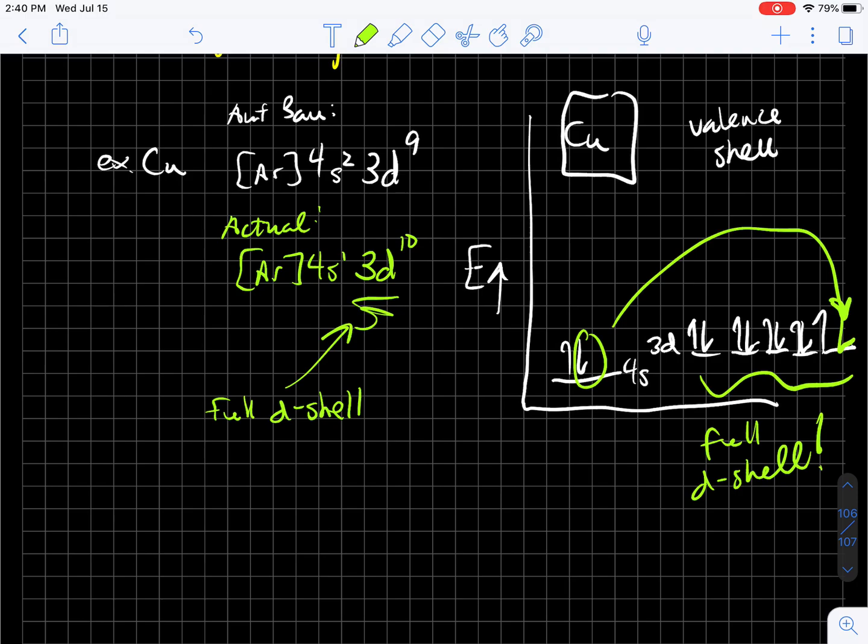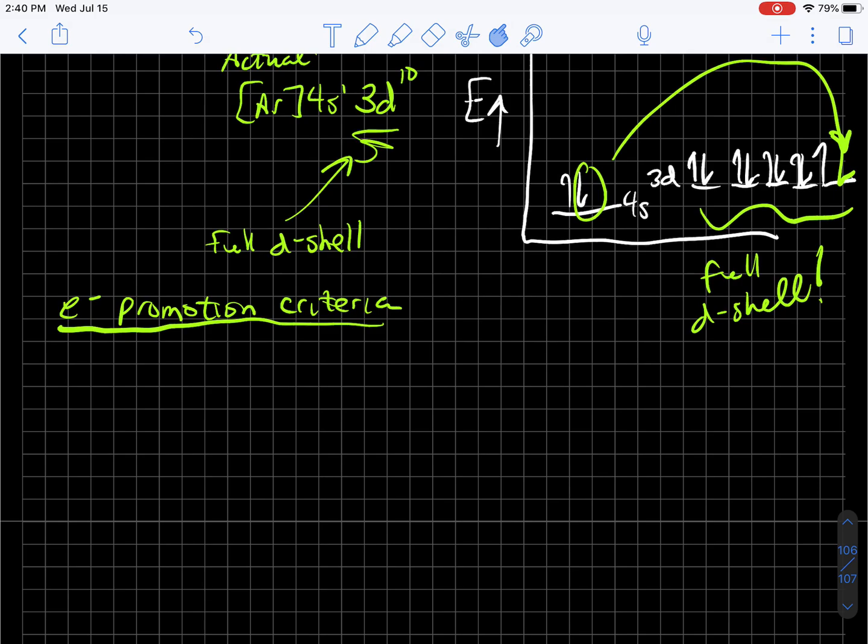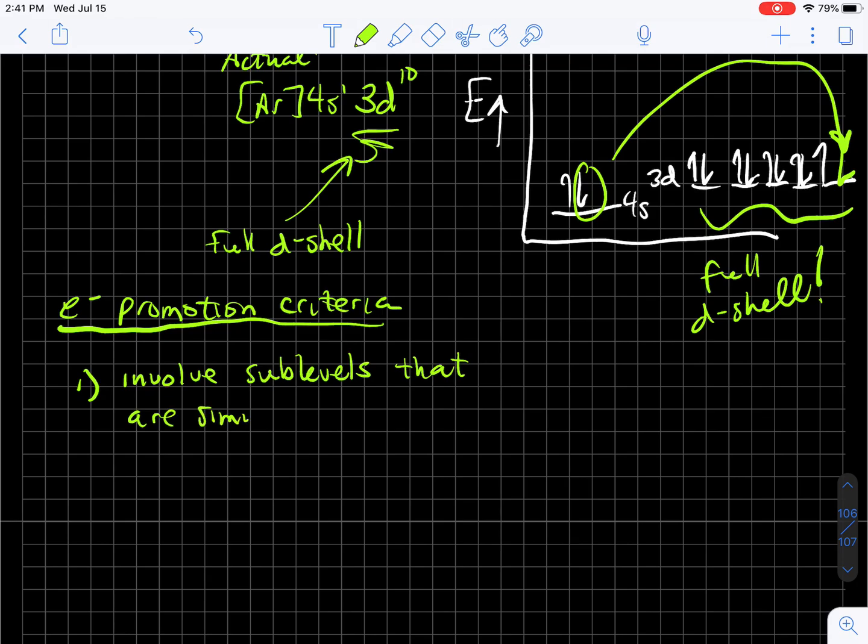Okay, so what criteria in order to get promotion? Let's call this electron promotion criteria. One, has to involve energy levels or sublevels that are similar in energy, almost degenerate to each other, and that occurs where we have overlap.